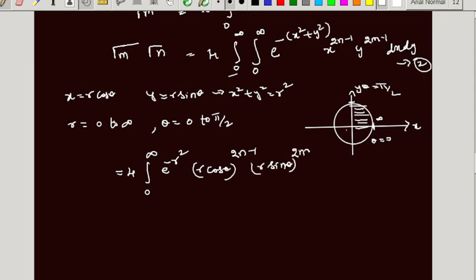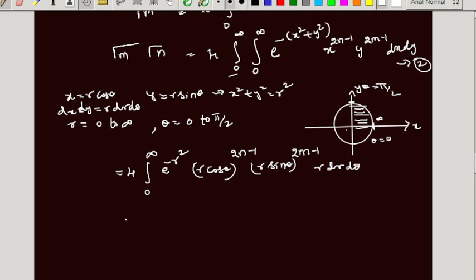Write it in terms of brackets. Already we have discussed that dx and dy together we can write as r into dr into d theta by the Jacobian.